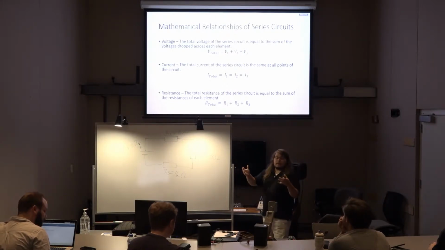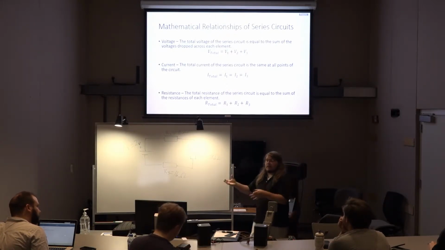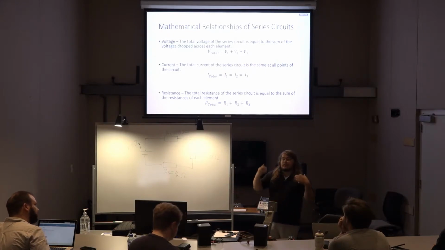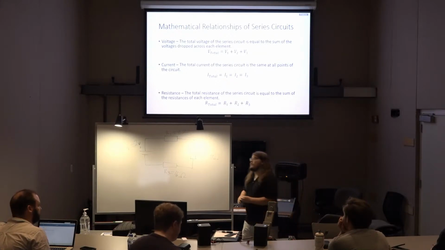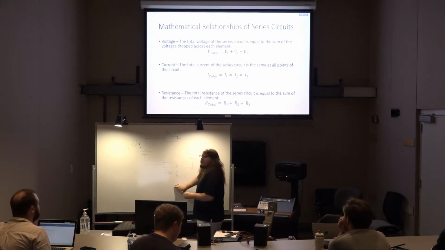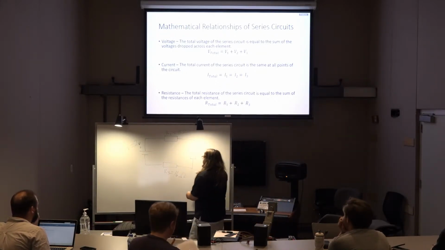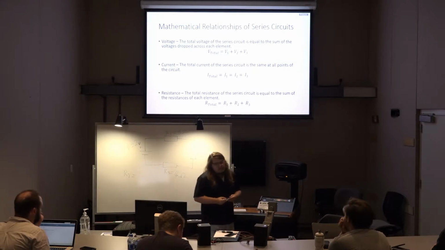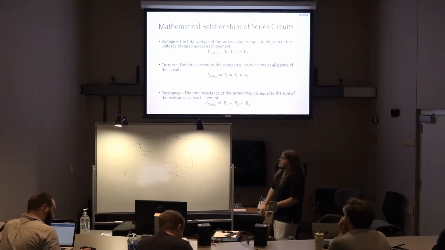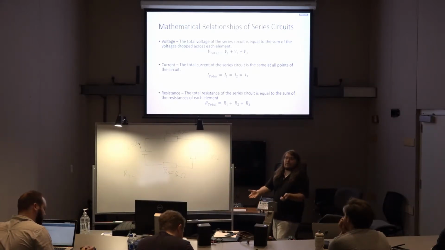And then the total current is a relationship between the total voltage and the total what? Resistance. Correct. So the resistance of all of these elements, we would call that RT. This is VT, voltage total. So the total resistance of the circuit is going to help us find the total current.